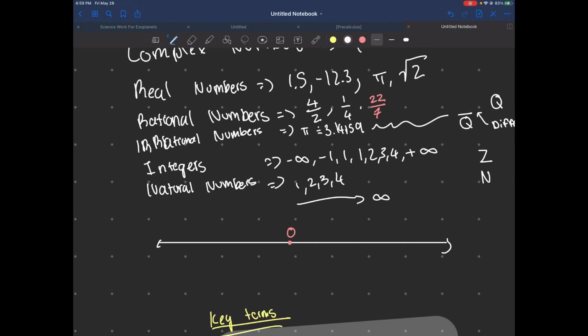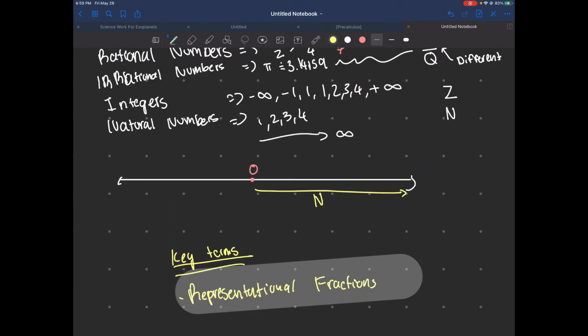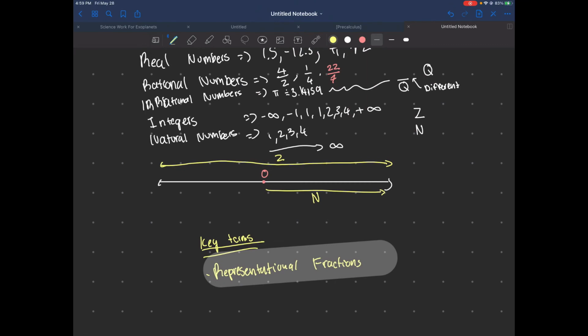We could see that all of these are something called natural numbers, or N, and all of these could be the integers, or Z. So to say this, all of N is in Z. N is 1, 2, 3, 4.